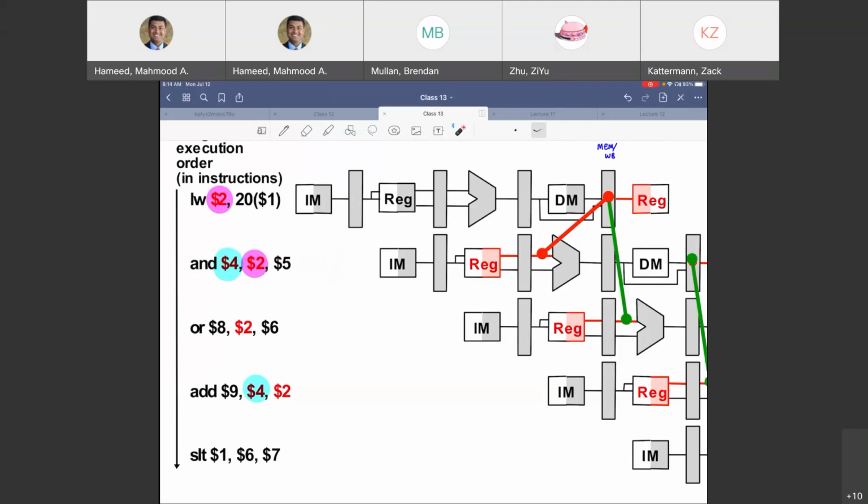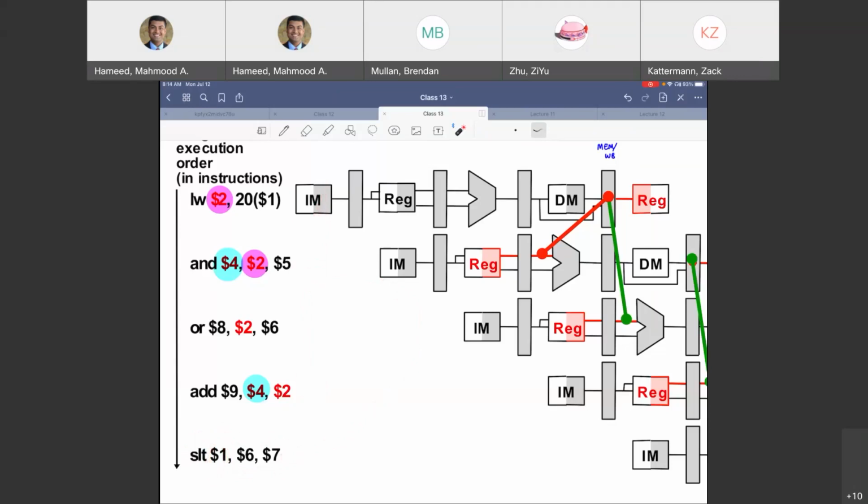So any other? Look at all the 5. Look at this. 1, 6, 7. You're writing to $1, which is never a problem here. So the idea: move this guy here and move everything down. So if you rearrange the code, right?